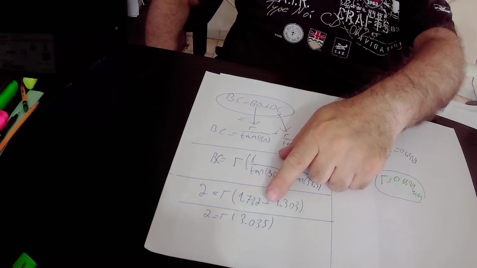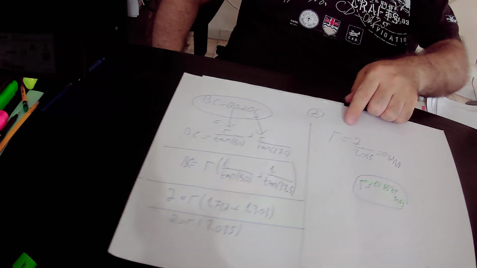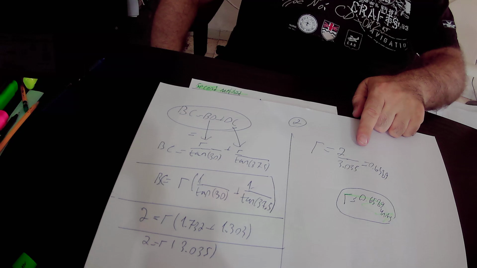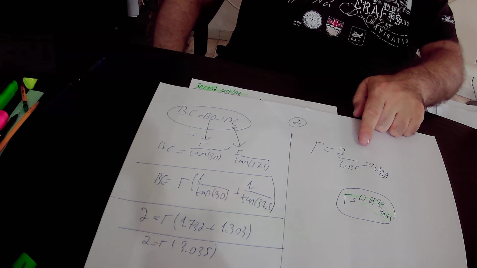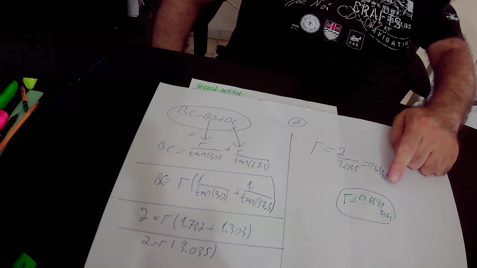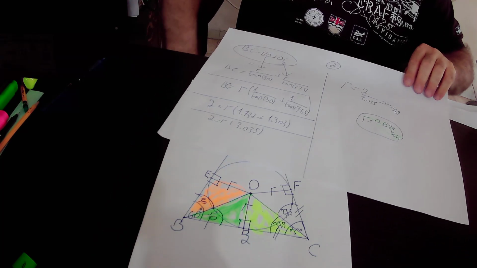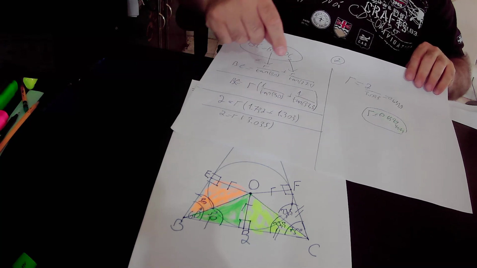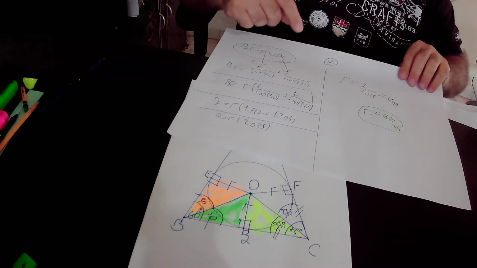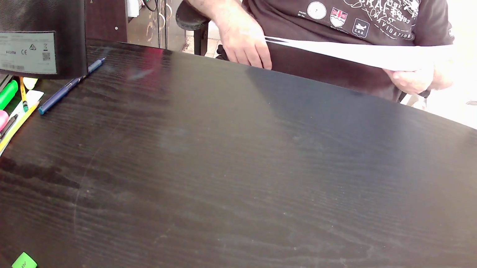We divided this equation by 3.035 and found out that R equals 2 over 3.035, which is actually 0.6589 units. So the radius of the circle described by triangle ABC equals 0.6589 units. We finished with the first question.